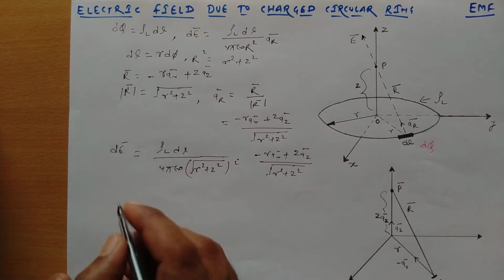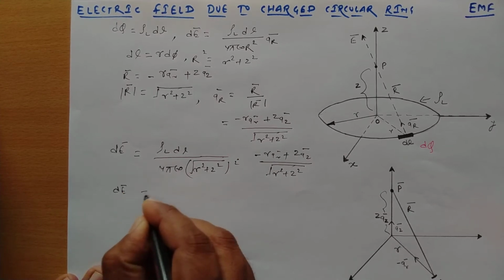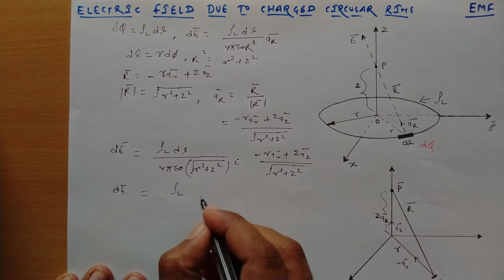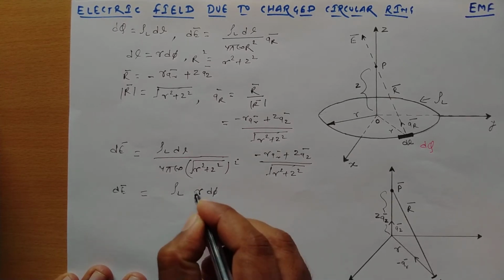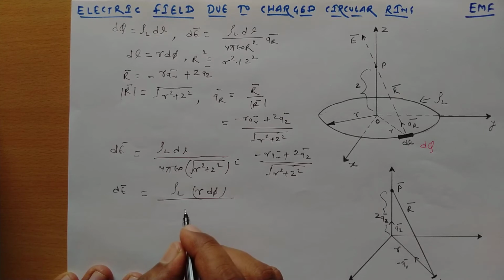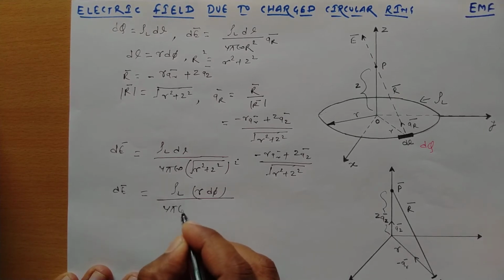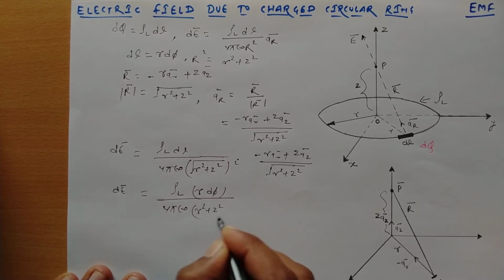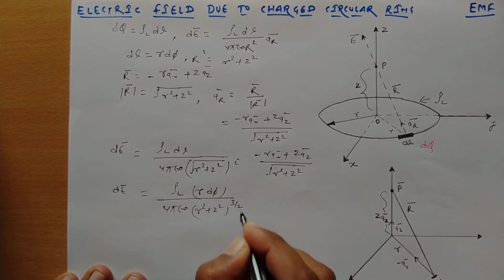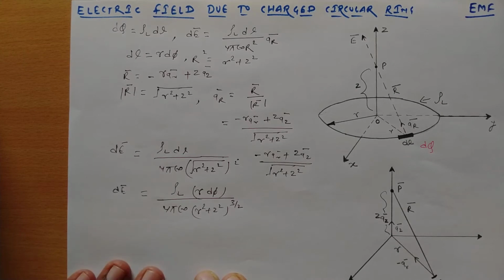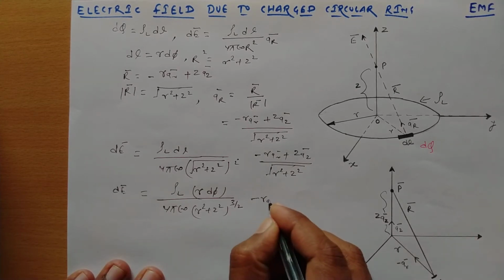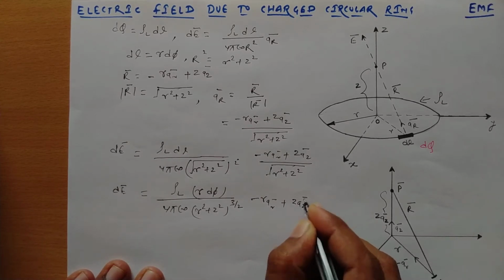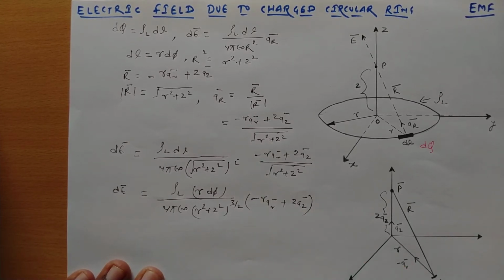So the differential intensity expression will be given as rho l r d phi divided by 4 pi epsilon naught times r square plus z square to the power 3 by 2, multiplied by minus r ar plus z az.